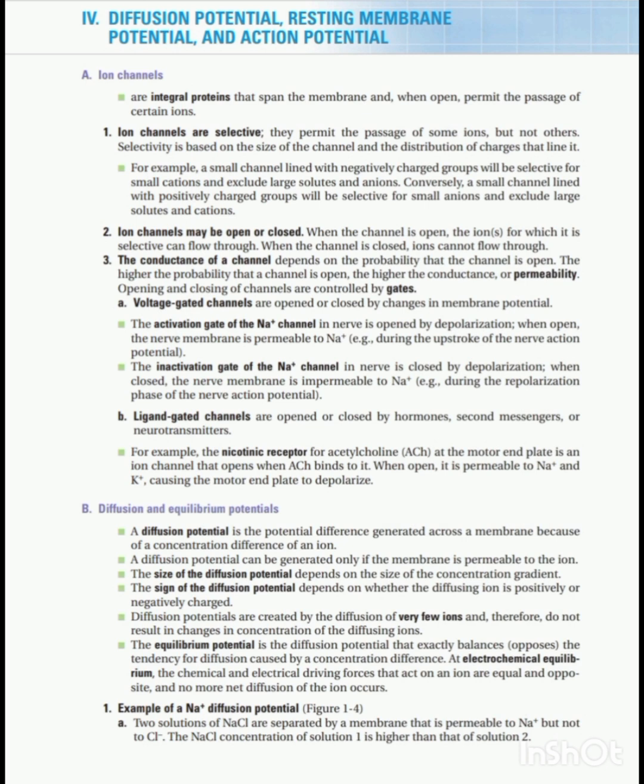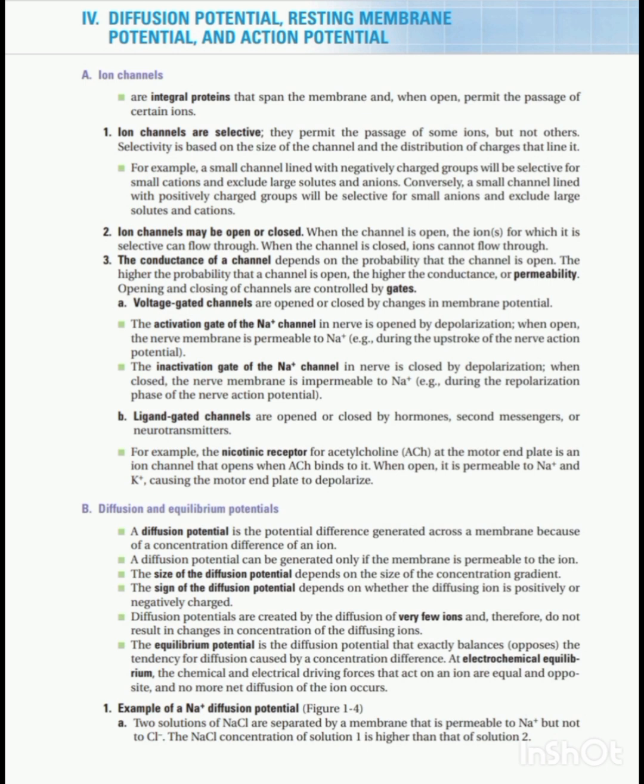So here in the BRS Physiology, they have an example of two solutions of sodium chloride separated by a membrane. In example 1, they are saying that the membrane is permeable to sodium only, but not to chloride. Also the concentration of sodium chloride in solution 1 is higher than that of solution 2.